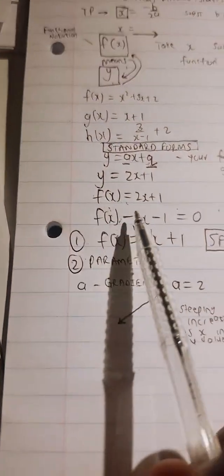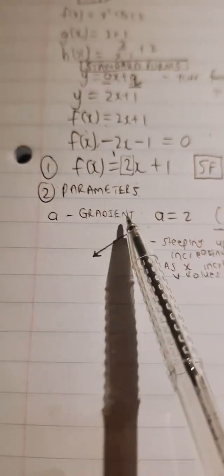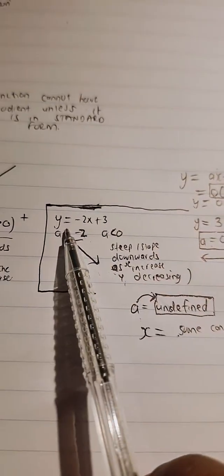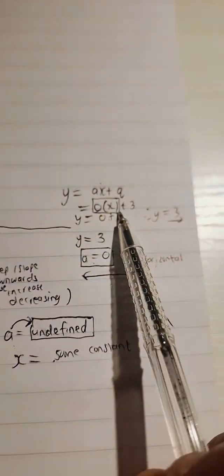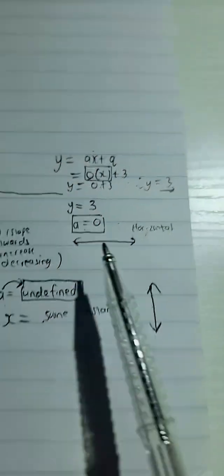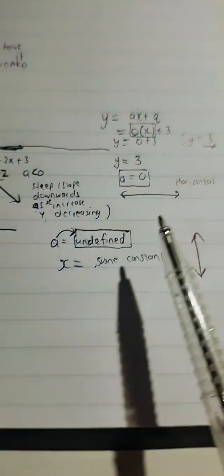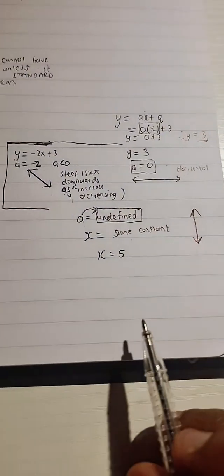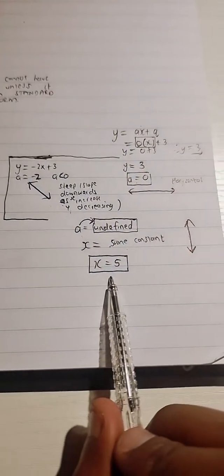It won't be y is equal to something like when your gradient is positive. It won't be y is equal to something like when your gradient is negative. It won't be y is equal to some constant like when the gradient is 0 and the line is horizontal, but it will be x is equal to something. So for instance, if I say x is equal to 5, this is a typical equation of a straight line that is vertical.